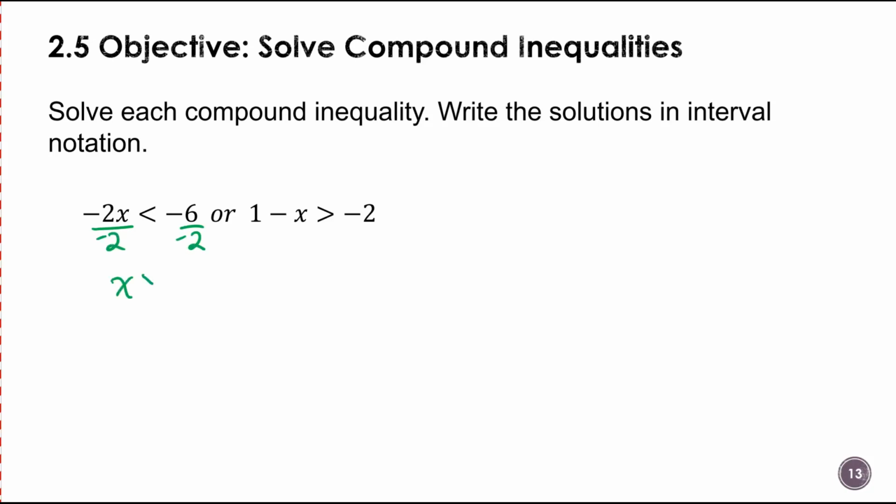So x is greater than, right? I have to switch the direction of my inequality because I'm dividing by a negative, is greater than 3. And on this one, I'm going to subtract 1 and then divide by negative 1. So x is less than 3.